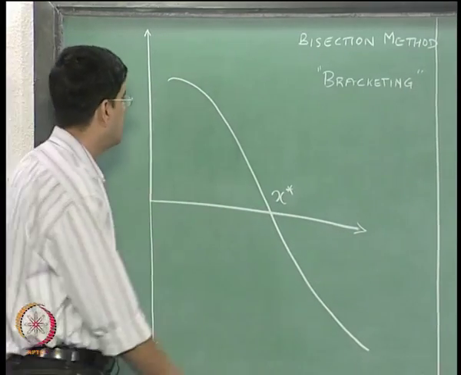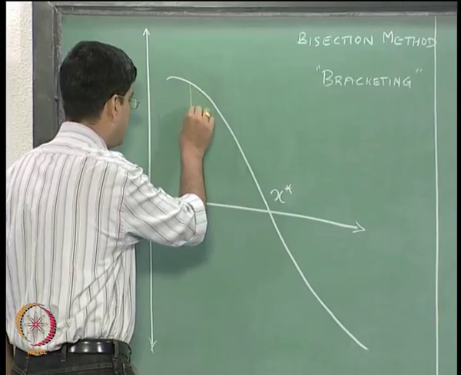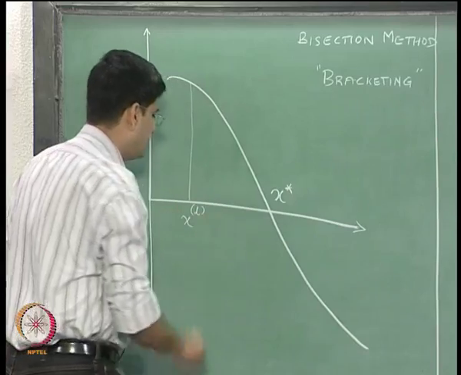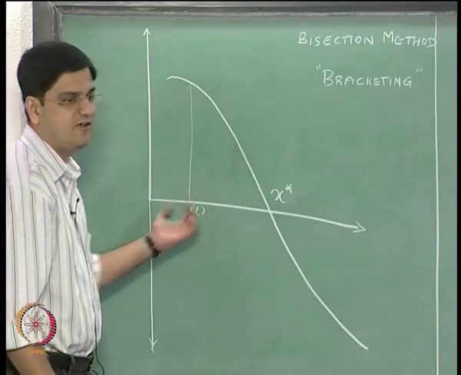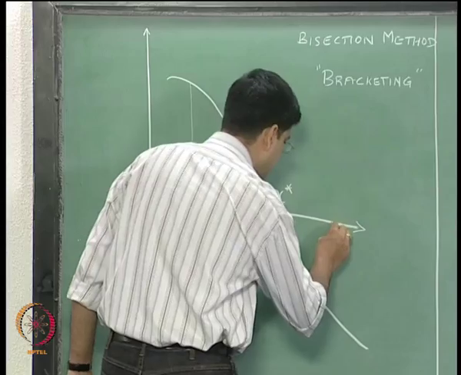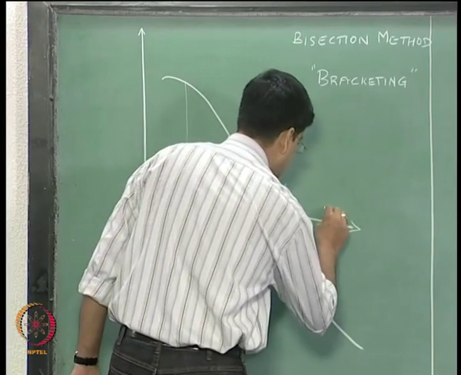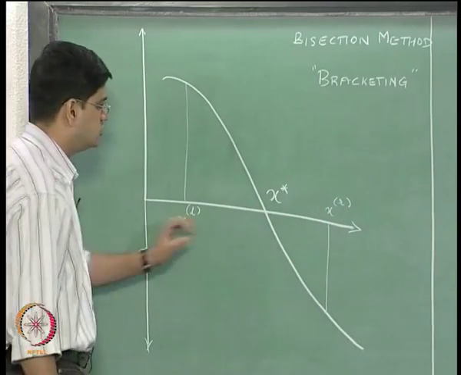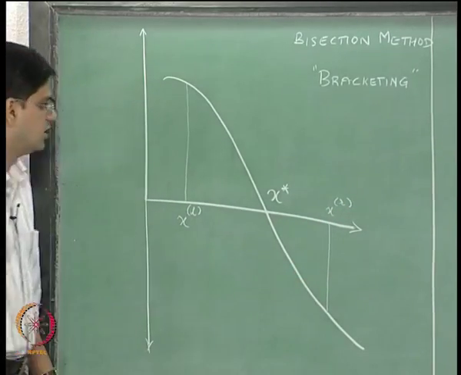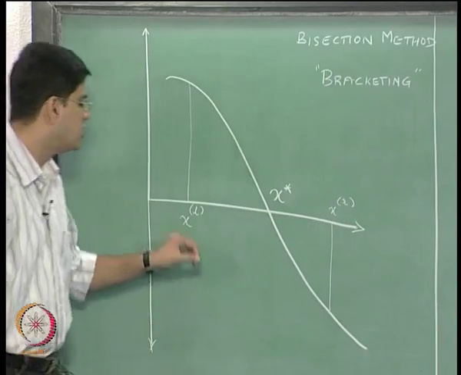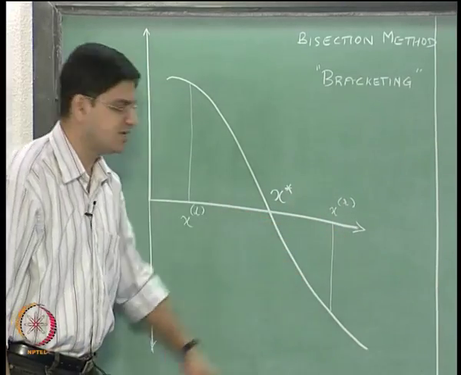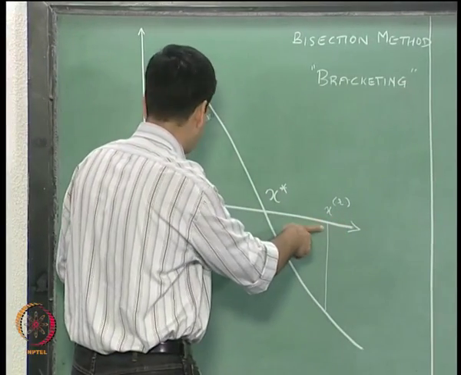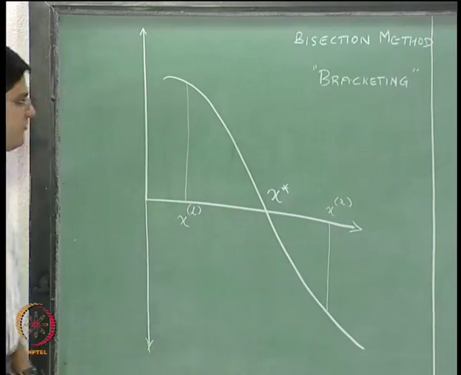So the first guess that we'll have, we'll write as xl, L to represent that it lies to the left of x star, and the other one we'll write as xr to represent that xr lies to the right of x star. Okay. So these are the two initial guesses that we will start off with. Since it is a bracketing method, these two guesses should lie on either side of x star.